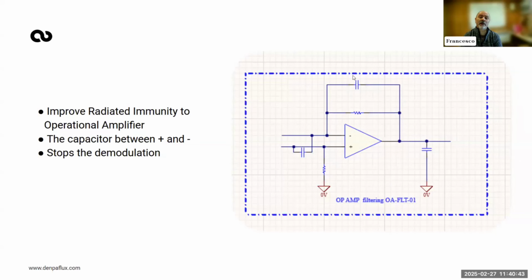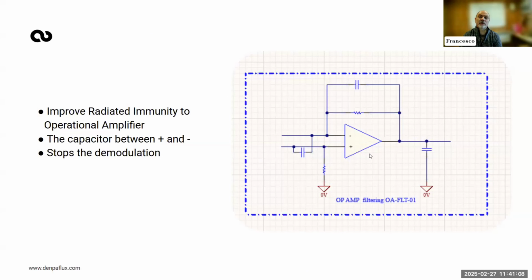So in my suggestion, every time you go to an operational amplifier, two things. First, choose an operational amplifier with the smallest possible bandwidth. You don't want a 100 megahertz bandwidth operational amplifier if you are sampling, for example, at 1 kilohertz. Why would you want an amplifier with such a big bandwidth?